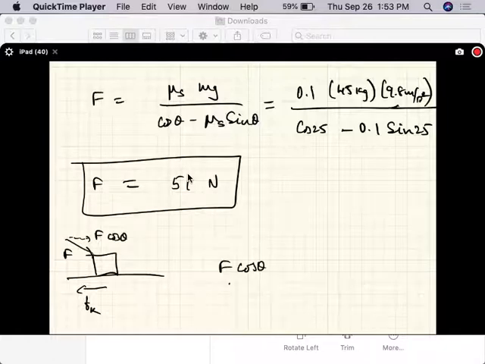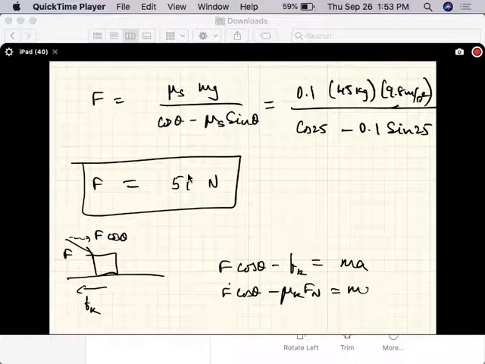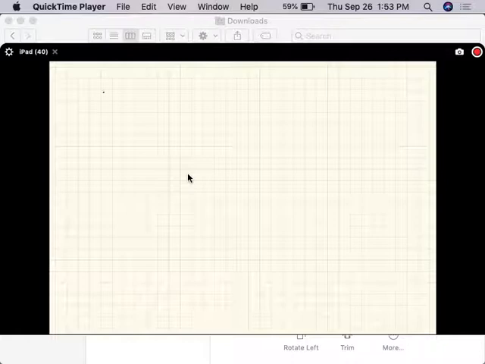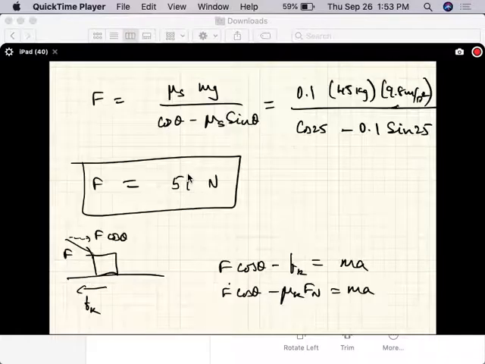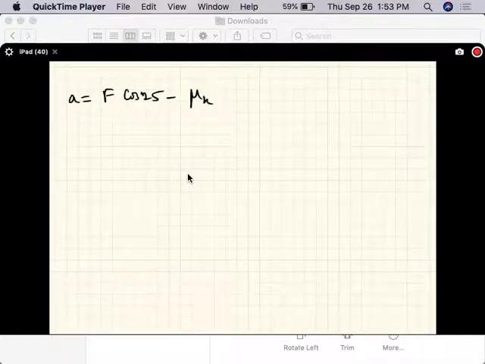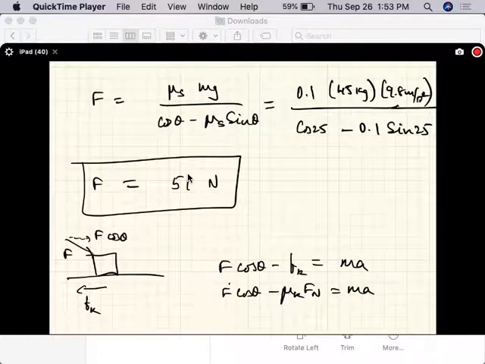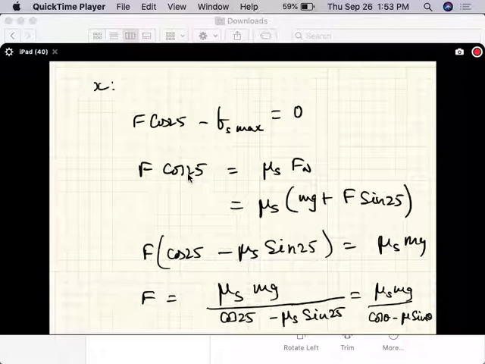F cosine theta minus Fk, the friction force, is mass times acceleration. And the normal force is mg plus F sine 25, and Fk is mu k times the normal force.